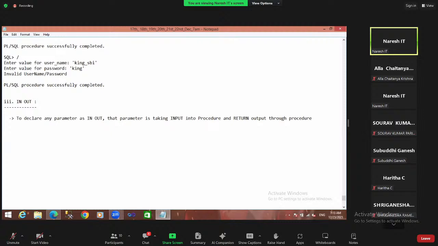Generally in means taking input, out means returning output, but here I declare two options to the same variable.